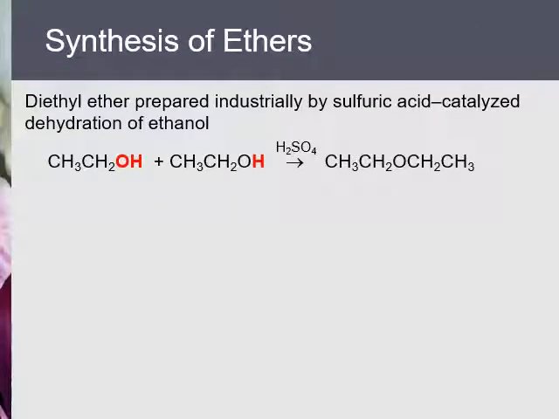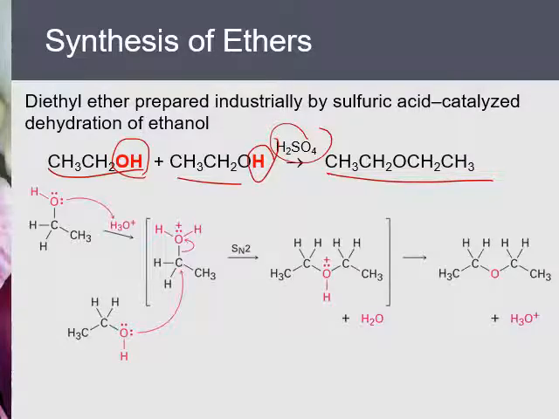Here is an example of using the first method to make ethers. When ethanol is treated with sulfuric acid, 2 alcohols lose 1 water molecule. Diethyl ether is synthesized. Here is the mechanism. First, one alcohol oxygen is protonated by the acid. In this case, acid serves as a catalyst.